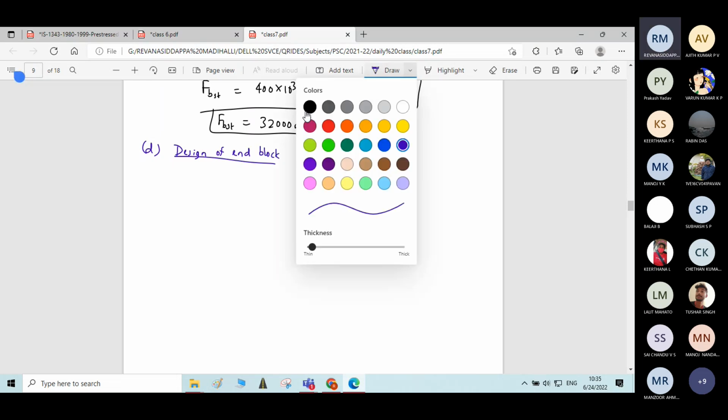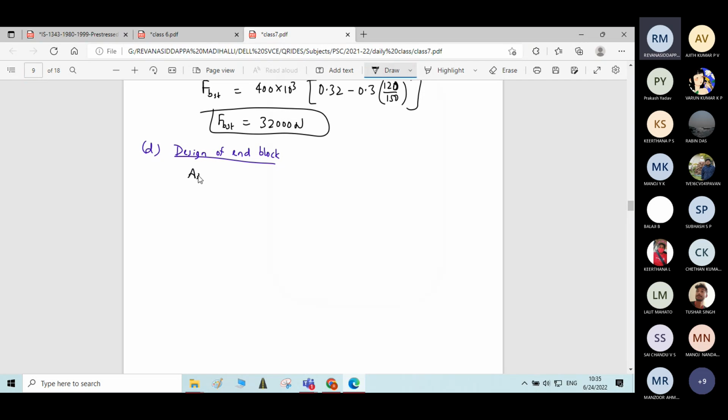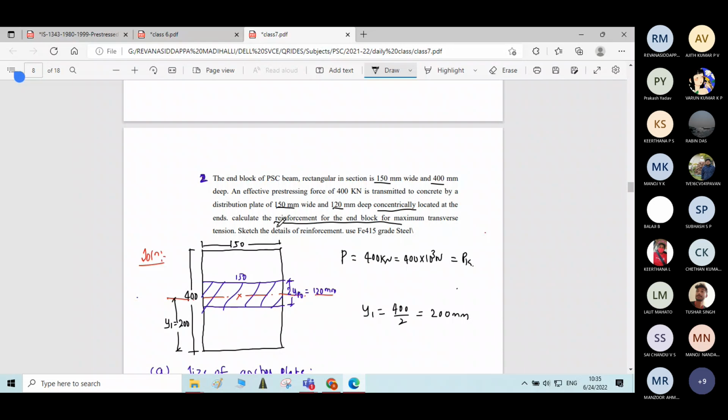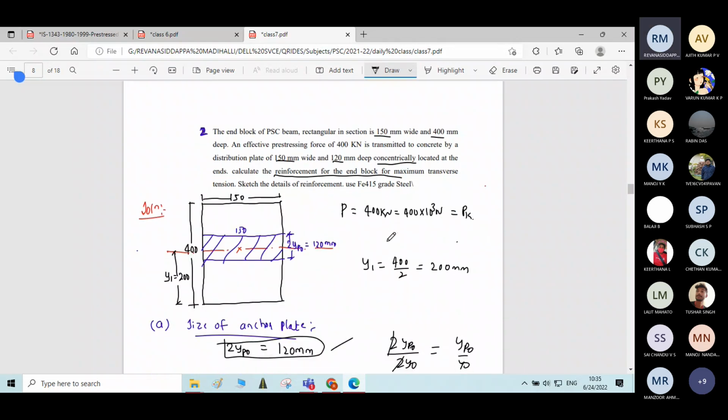Same steps here. Find the area of steel. What is the formula? Area of steel is equal to FBST divided by 0.87 FY. FBST is 32,000 and FY, here it changes.